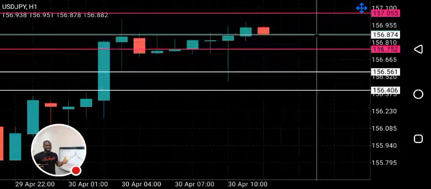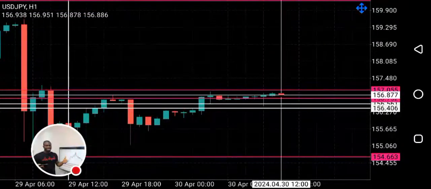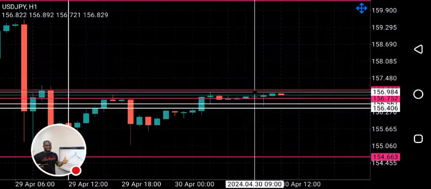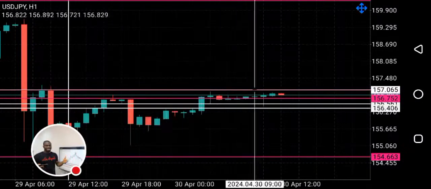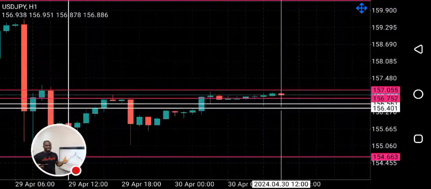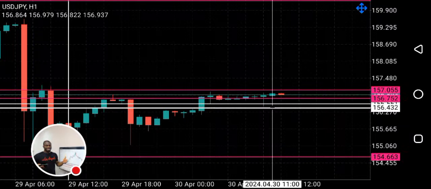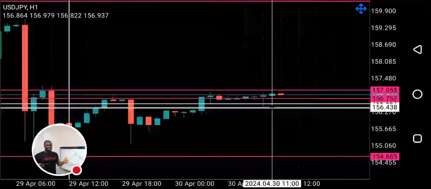So I'm expecting UJ to go bullish, but patiently wait for price to break this resistance level before you execute a buy trade. If you are buying, your stop loss should be a few pips below this level, maybe 156.33, which will be about 70 pips from the entry price.